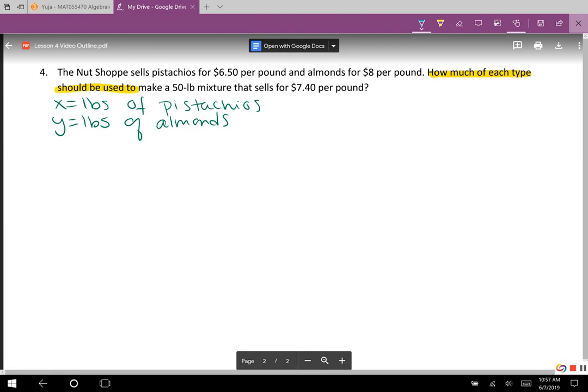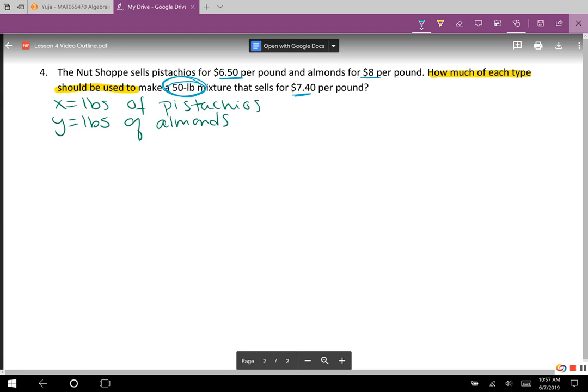So let's see what information they give us. We know we're creating 50 pounds total, and we're also given the costs of each. So first of all, with the 50 pounds, that means if I add up all of the pistachios plus all of the almonds, that has to be 50 pounds.